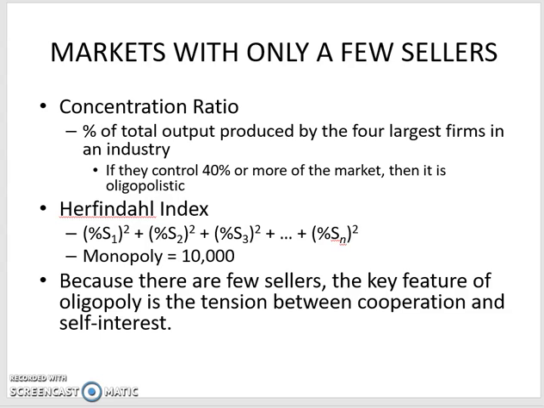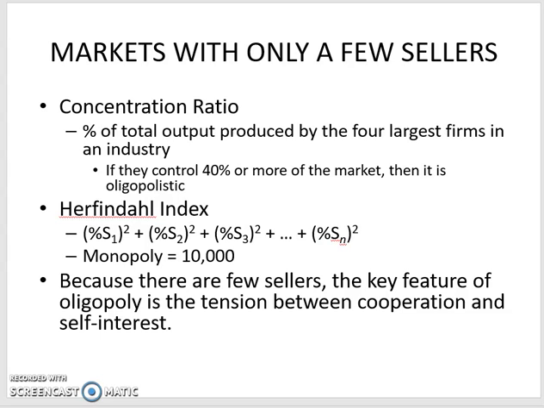So that'd be 100 squared, which is 10,000. 10,000 is the largest possible Herfindahl index value you could get. So the closer your Herfindahl index gets to 10,000, the closer the market looks to a monopoly.